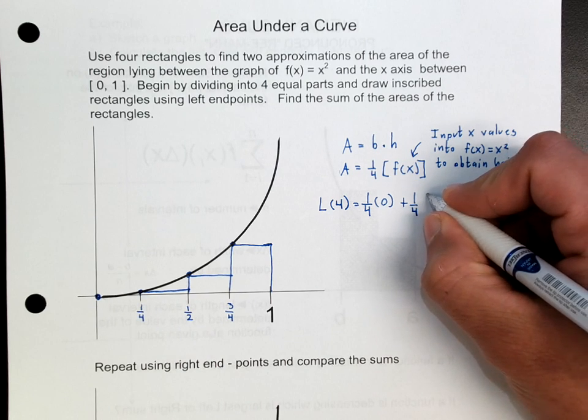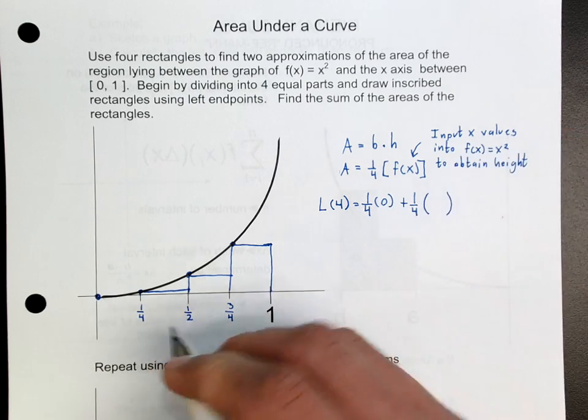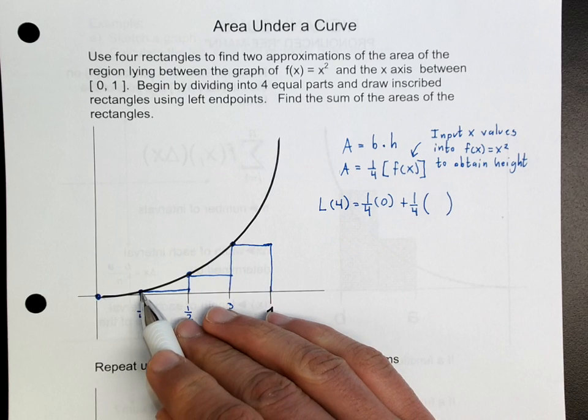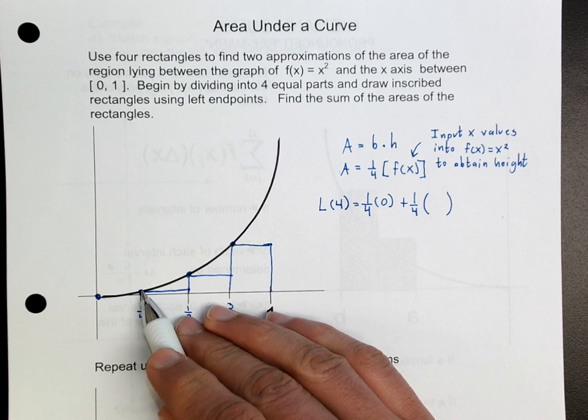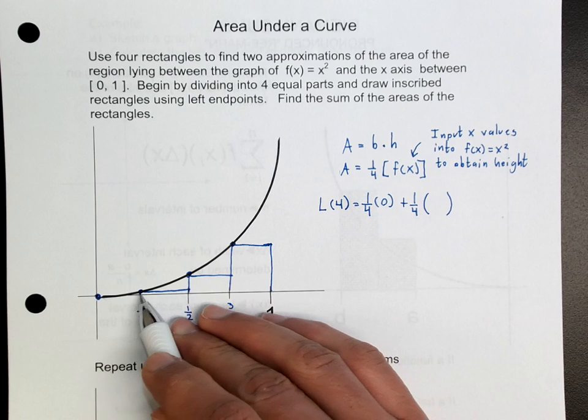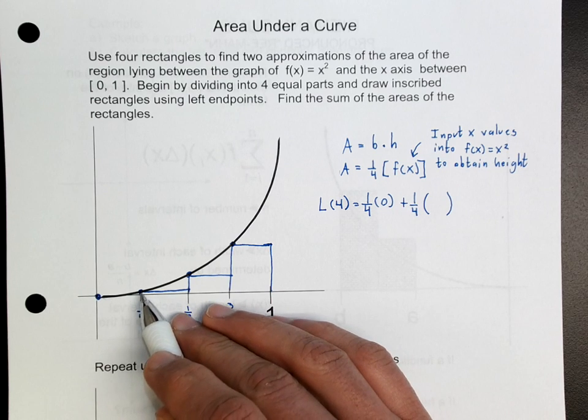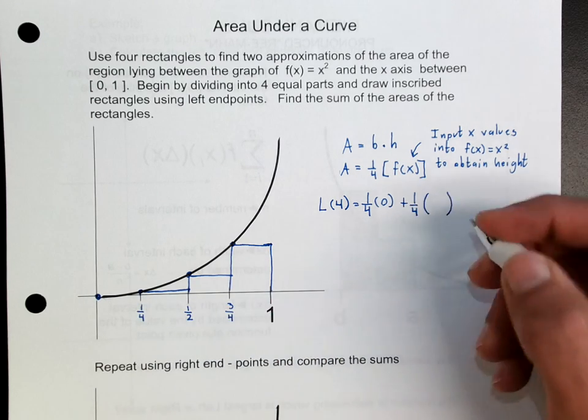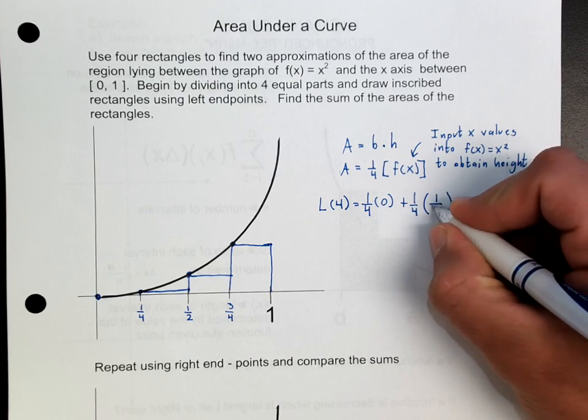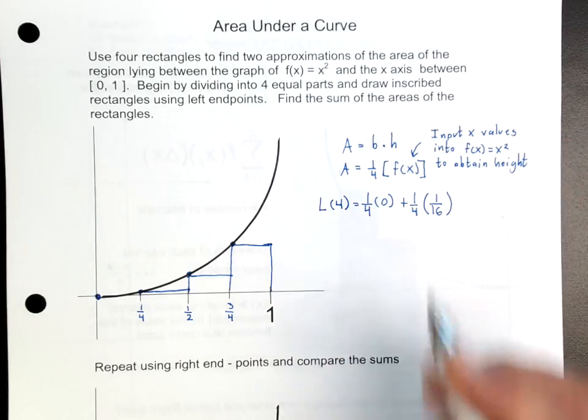And we're going to multiply that times, well, to figure out the y-coordinate right here, remember we're looking at the height of this little rectangle, the height is going to be 1/4 squared, and we're only squaring that because the function happens to be y equals x squared.